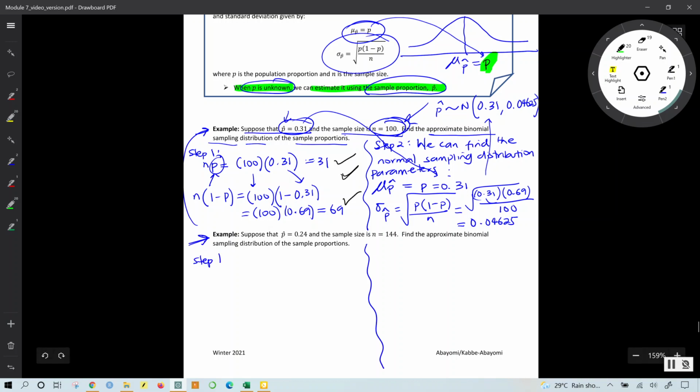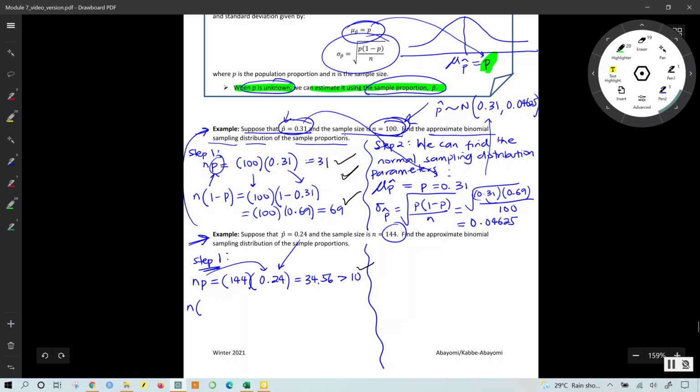Step 1 will be to check if you meet the requirements to use the normal sampling distribution. So you multiply n times p. In this case, our n is 144, and the estimate of p is 0.24. This will give 34.56, which is a number greater than 10, so it checks out.